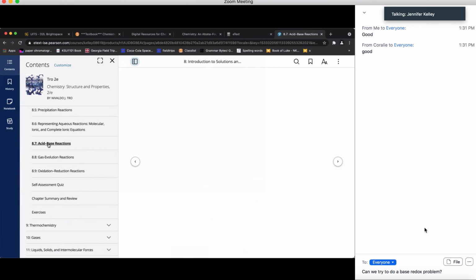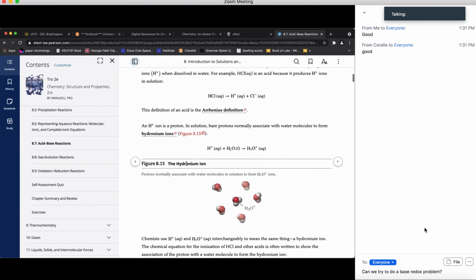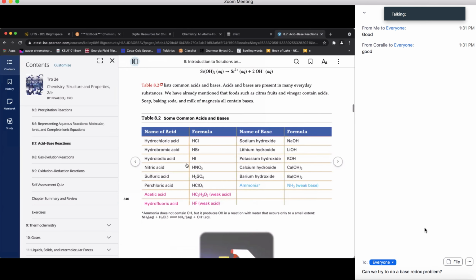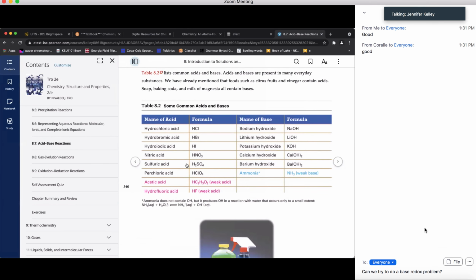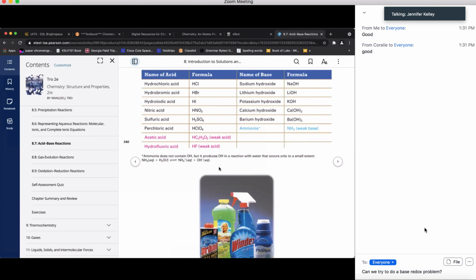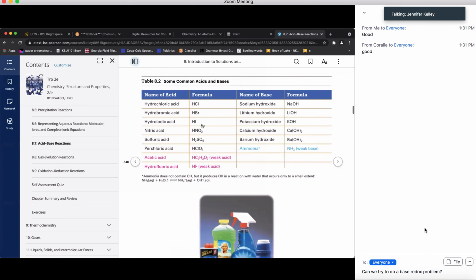Acid base. There we go. Well, that doesn't tell whether it's strong or weak. Okay. Well, maybe it does. Okay, yeah, this one is a pretty good set. Can you see what I'm showing on the screen?